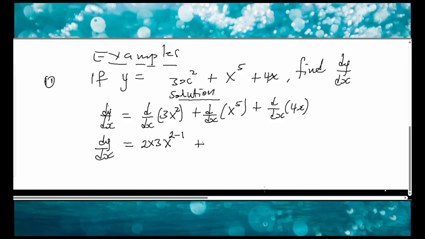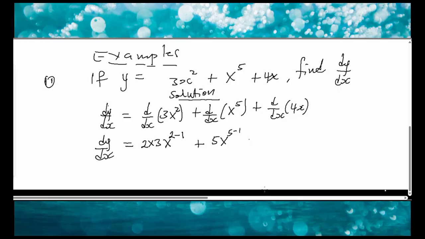Then plus the next thing, you multiply the whole of this thing by 5, so it is 5 times x raised to the power 5, but we're going to decrease the exponent by 1.